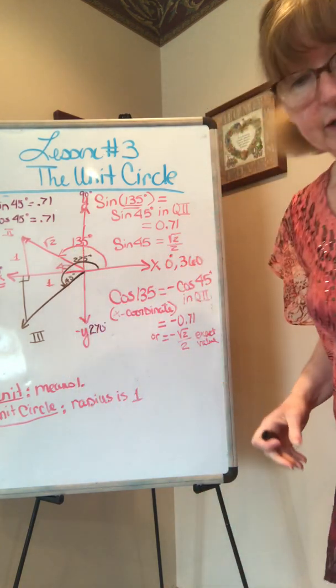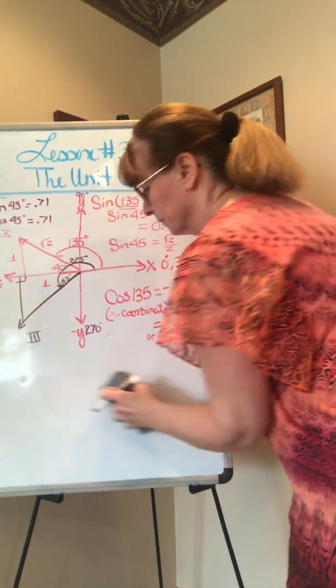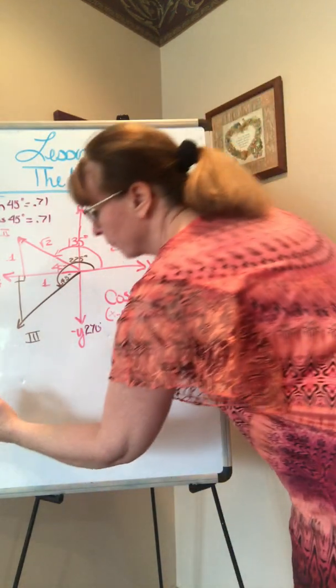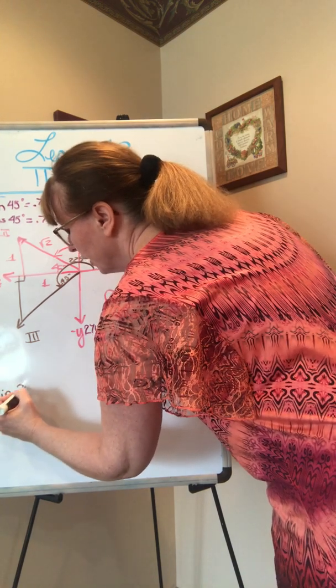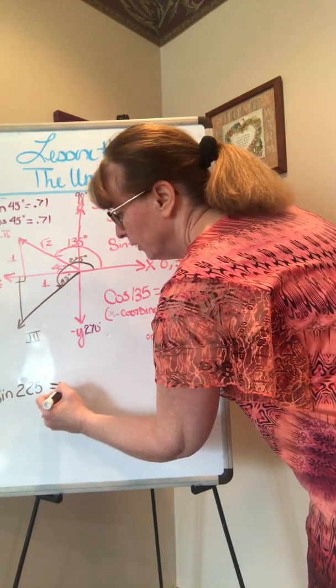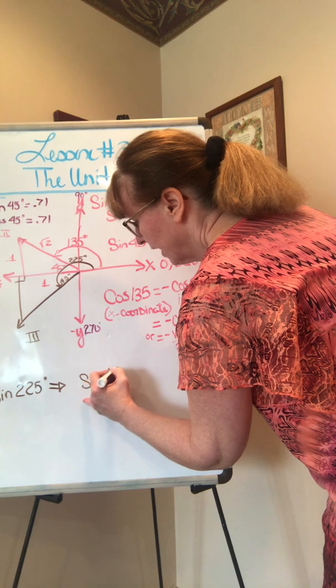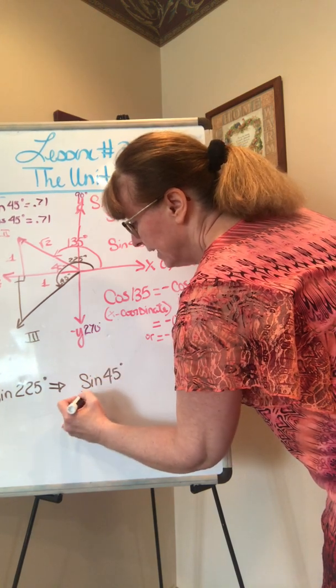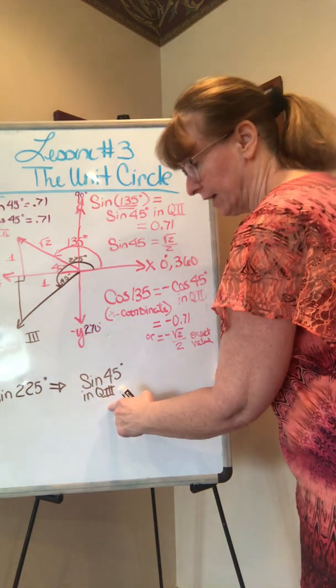So if I started out asking you, what is the sine of 225 degrees? Well, this would be equal to the sine of 45 degrees in quadrant 3. So here's my reference angle.